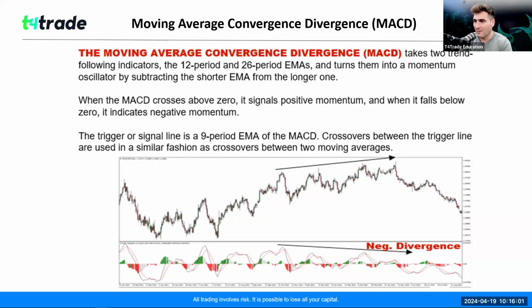So the moving average convergence divergence takes two trend following indicators, and you use two periods, a short period and a long period. The default settings of the MACD are 12 periods and 26, 12 for the short and 26 for the long, exponential moving averages. You can do simple moving average as well.